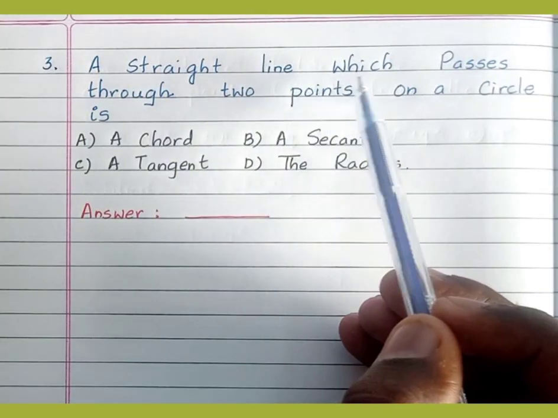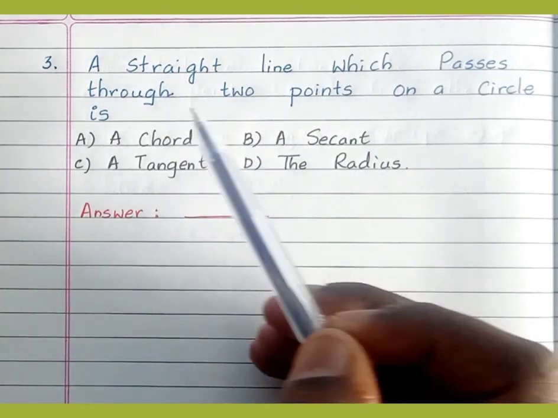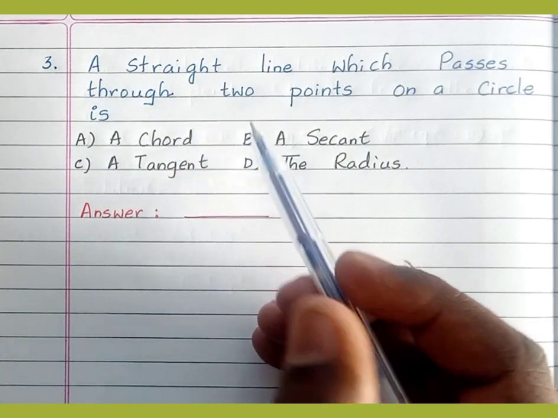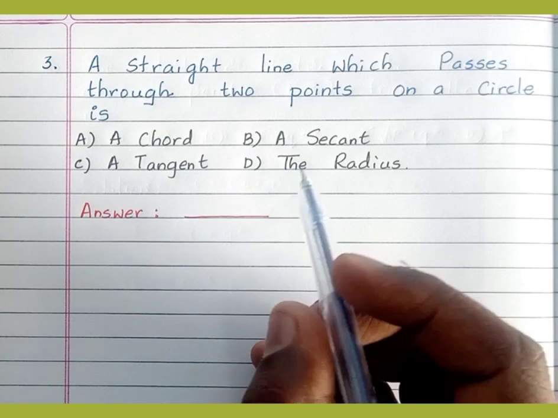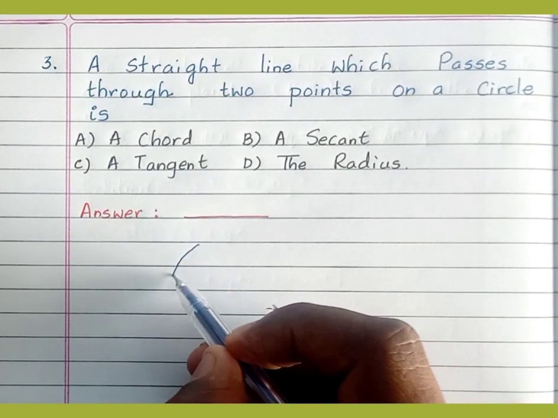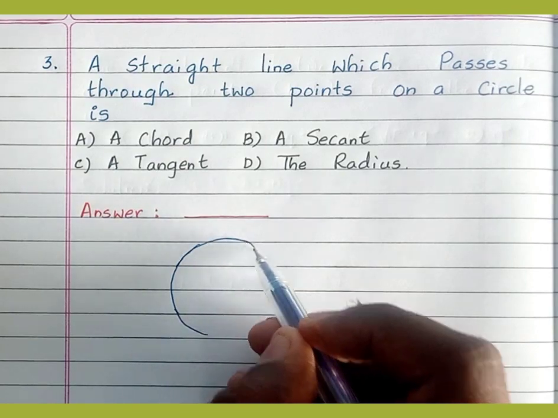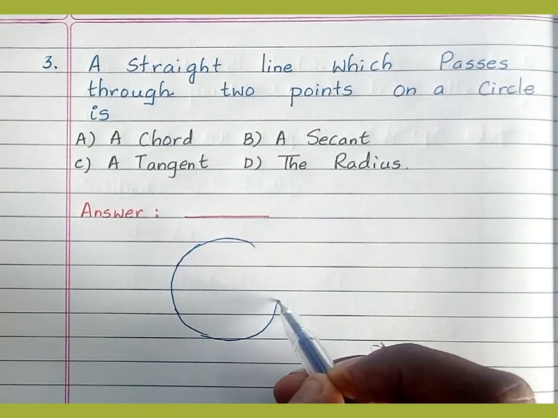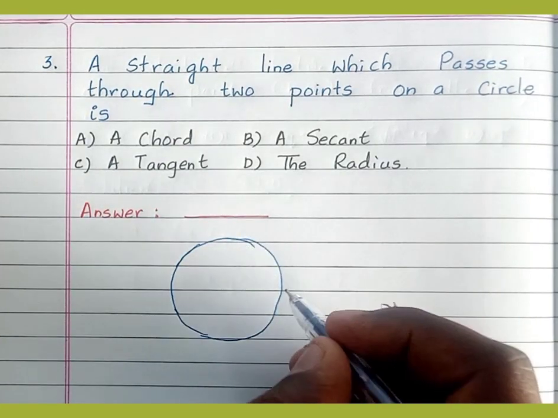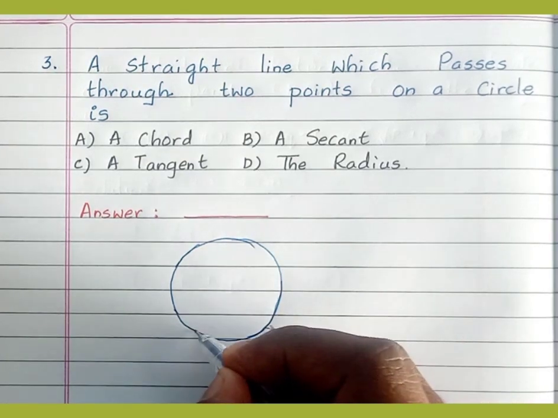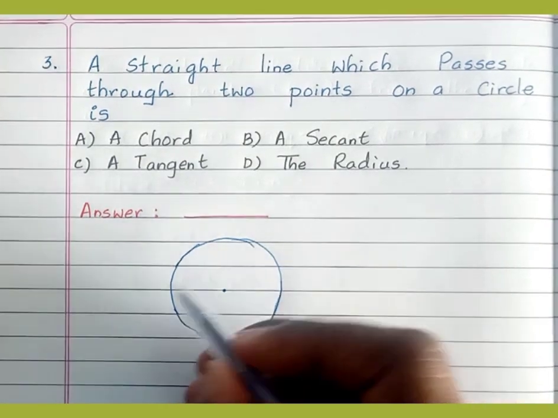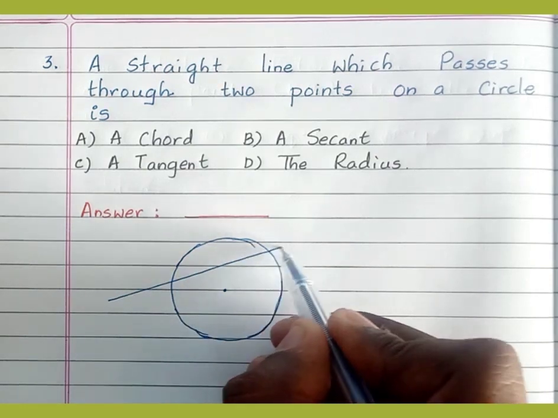Third question, a straight line which passes through 2 points on a circle is. Now, consider a circle. If a line passes through the circle at 2 points, we call that line a secant.